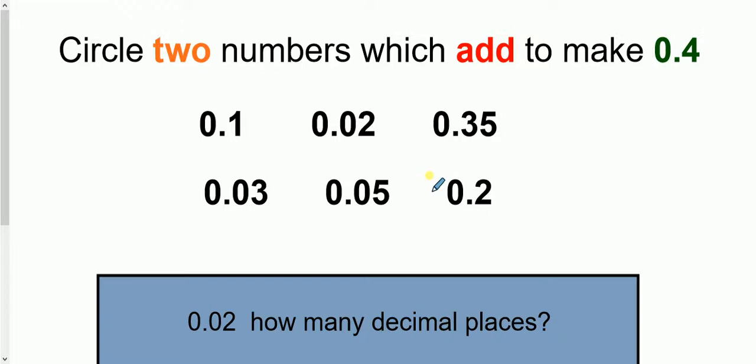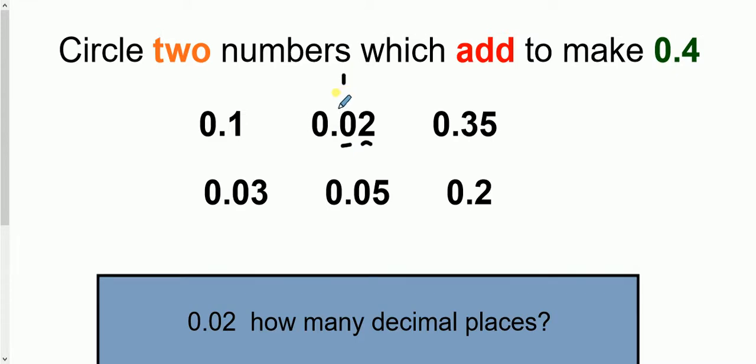Let's work out how we can do that. Let's look at 0.02. This one goes up to the hundredths. How many decimal places does it have? It has 1, 2 decimal places after the decimal point.